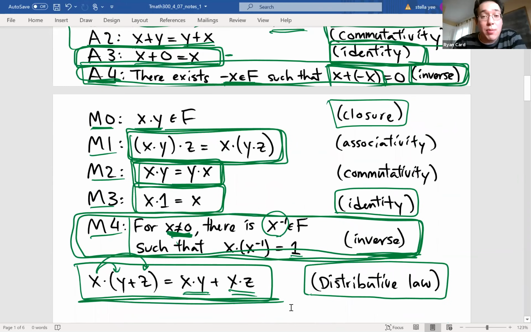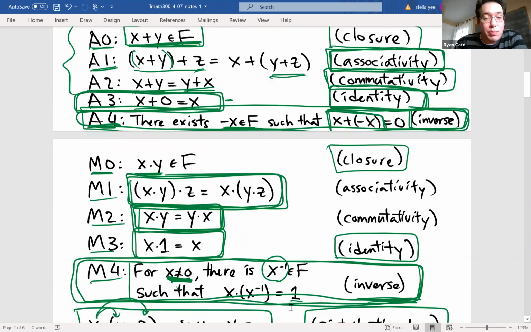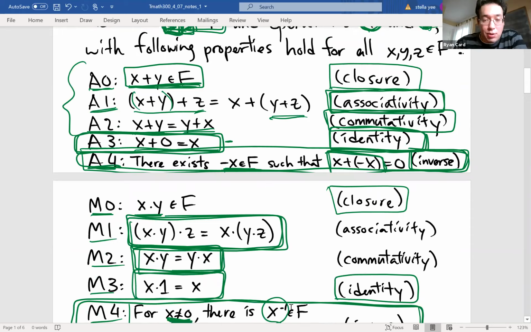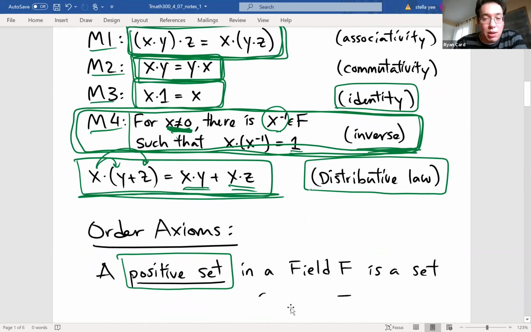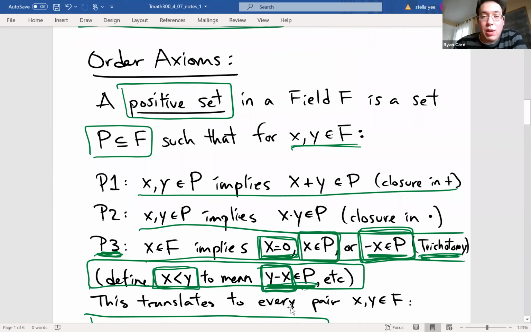So rational numbers is a field. In fact, it's also an ordered field. If you have a field and you can talk about a positive set, then it's an ordered field, and the rational numbers are an ordered field.